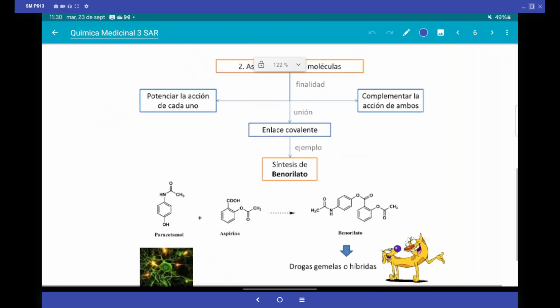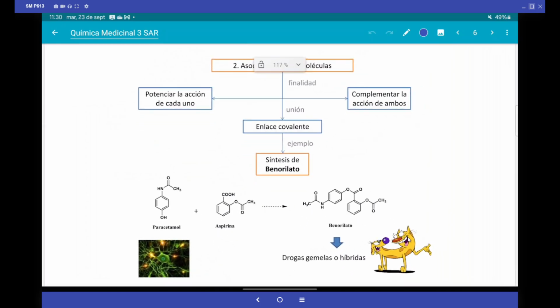According to strategy, we could associate two molecules. We have as a second strategy the union, or the formation of a hybrid molecule, an association of two molecules. Since we were talking about paracetamol, we already have the paracetamol molecule down there, the aspirin molecule, and the paracetamol.